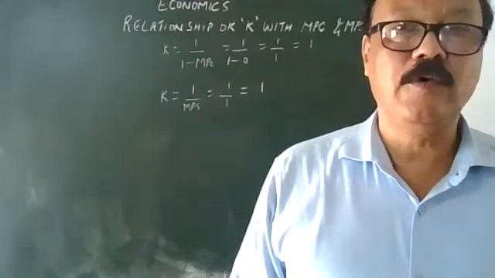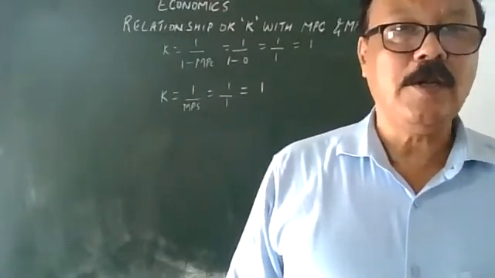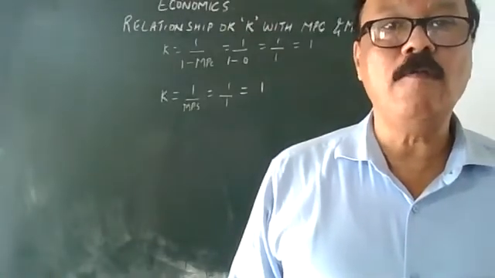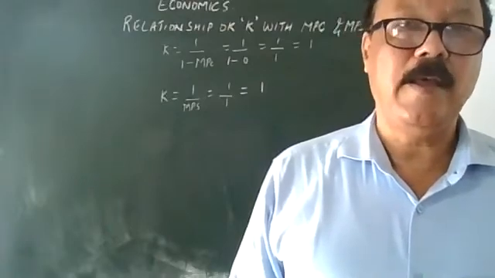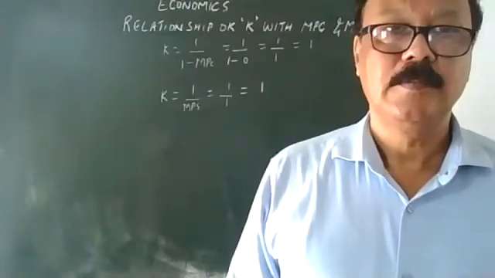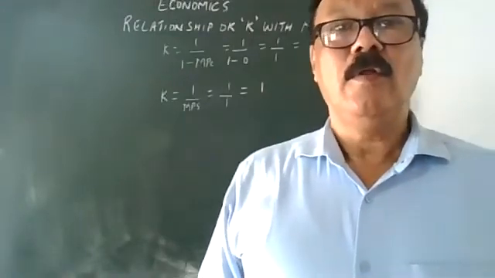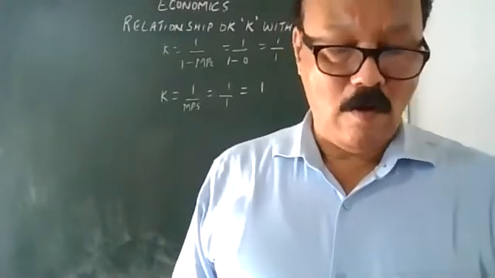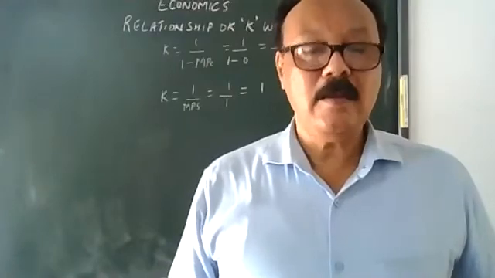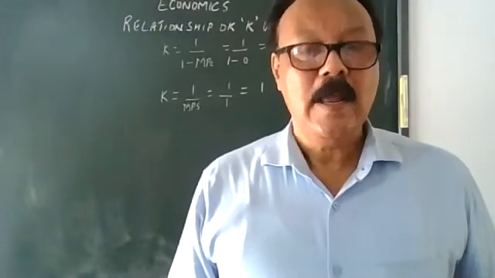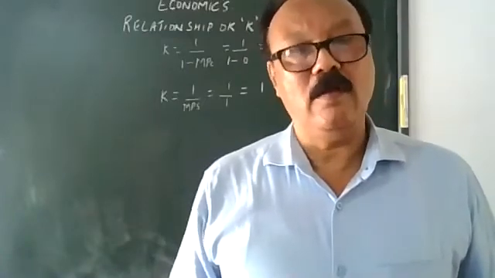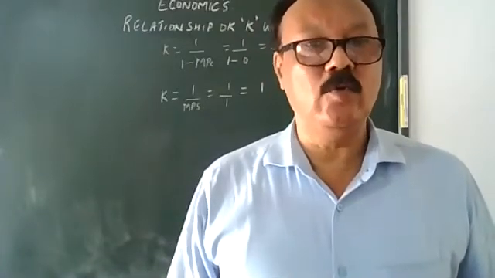It could be asked of you, what is the maximum and the minimum value of a multiplier? In that case, you would have to answer both the cases. The maximum value of a multiplier is infinity when MPC is 1 and MPS is 0. According to the weightage of the question, you may give an example.